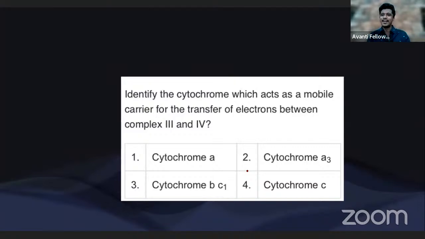Because you just studied this chapter very recently. That's why you feel like it's easy. As time passes, things become volatile. That's why you require regular revision. So all we have to do is identify which is a mobile carrier between complex 3 and complex 4.